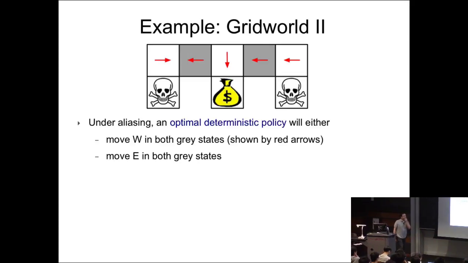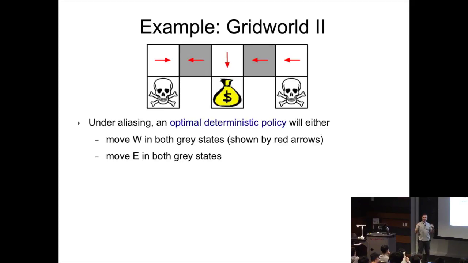Okay? Now, if you have an optimal deterministic policy, then in the gray states, if you're in this state or in this state, you will always move to the west, or you always move to the east, because you don't know what state you're in. So if you're in one of those gray states, your only choices are go east or west.